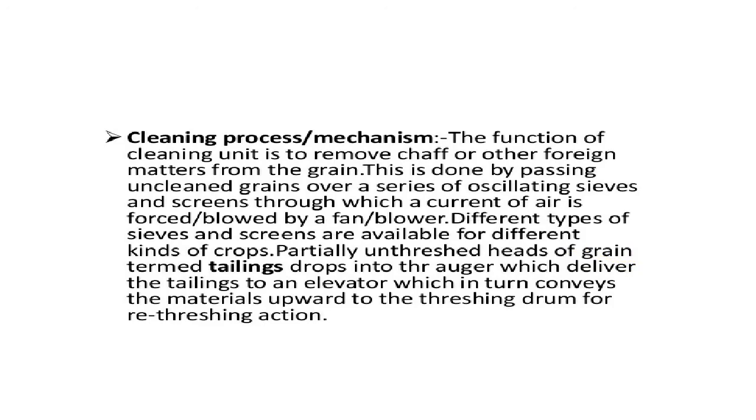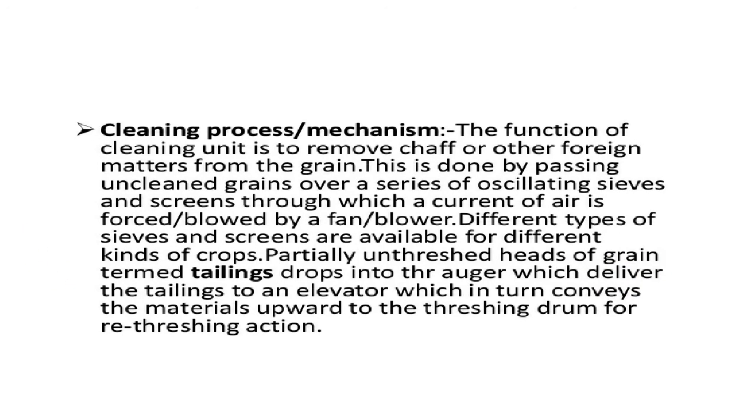Now the cleaning process. The function of the cleaning unit is to remove the chaff and other foreign matter from the grain. This is done by passing the unclean grains over a series of oscillating sieves and screens through which a current of air is forced by a fan blower, and different types of sieves and screens are available for different kinds of crops.